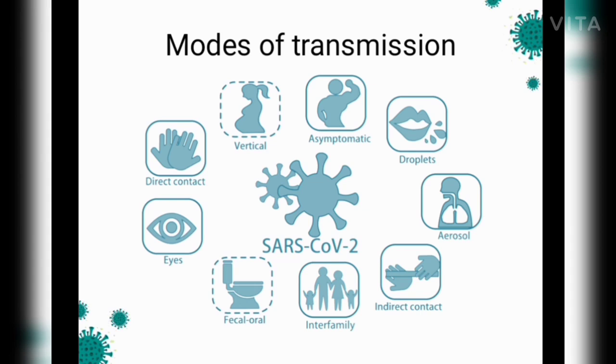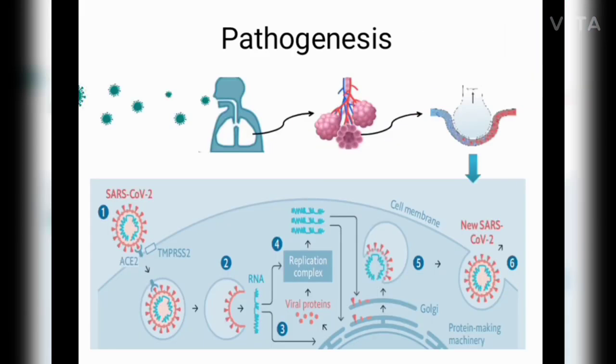Once spread from person to person, how will the virus infect the host and cause disease? Once the virus enters the host, it mainly targets the respiratory system, the alveoli. And then they get into the alveolar cells.